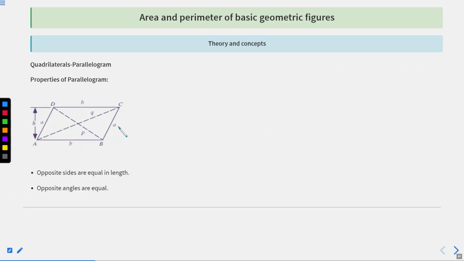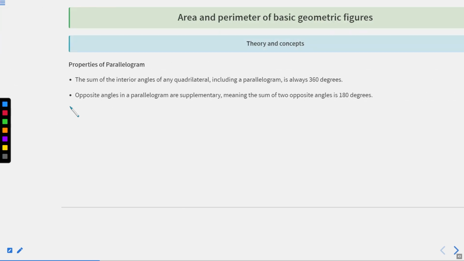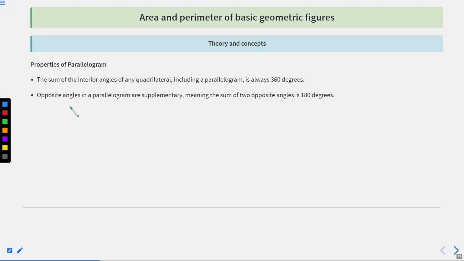What is the difference here? So the difference is created by the diagonals. The length of these diagonals are not same in this case, but in rectangle the length of diagonal was same. So that is the major differentiation between the rectangle and the parallelogram.